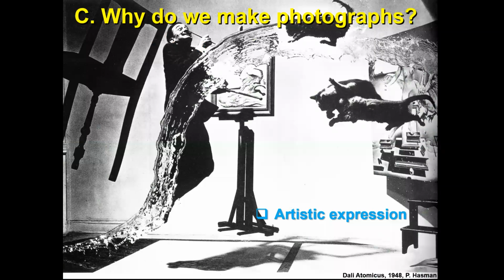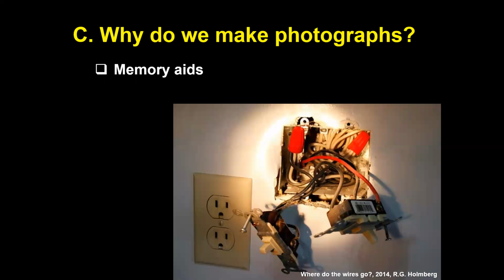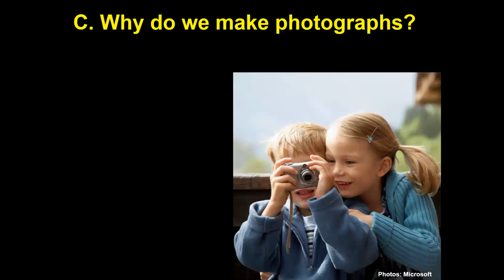This was a photograph involving a Salvador Dali painting, and it was a collage of very many things at that time. Then we use it as a memory aid. I used this when I was trying to fix this light switch and wondering where all the wires went, so I took a photograph of what it looked like originally and then copied it. And then, of course, we take photographs for fun.